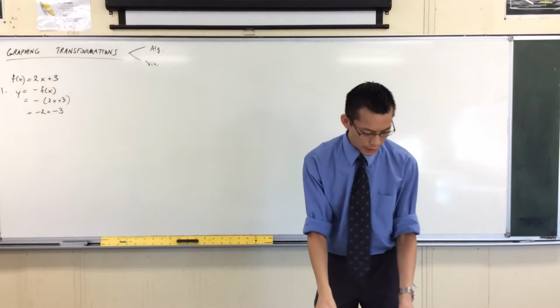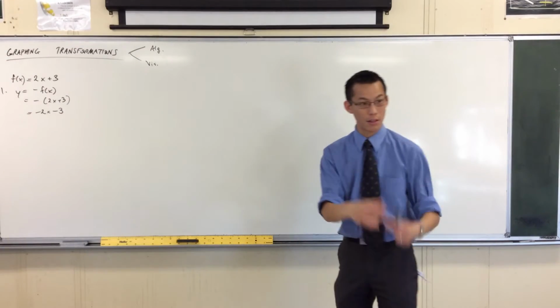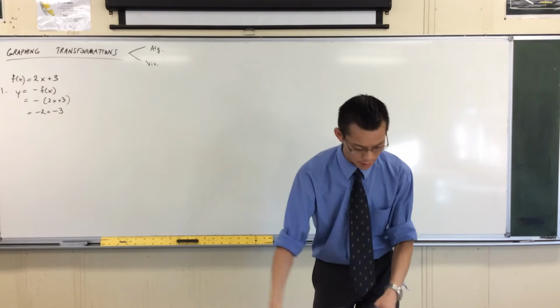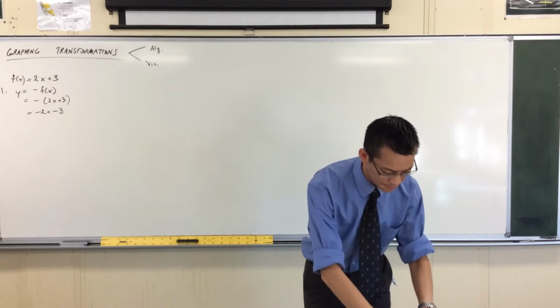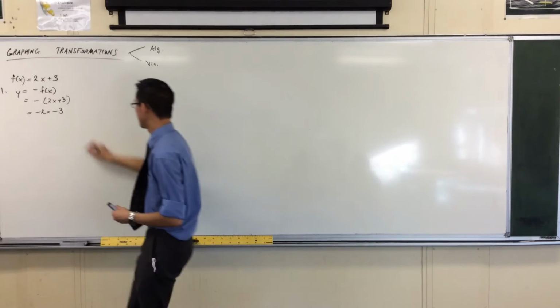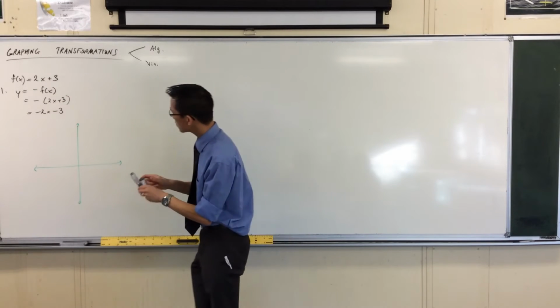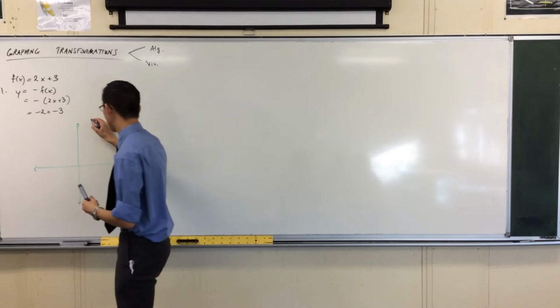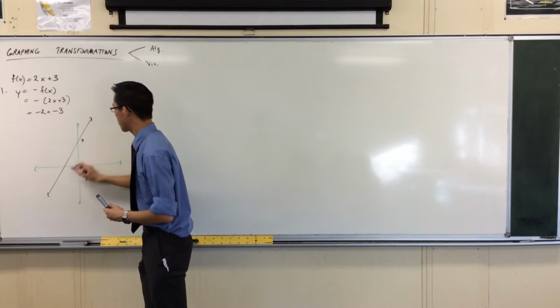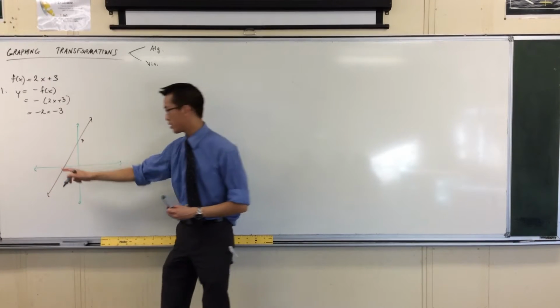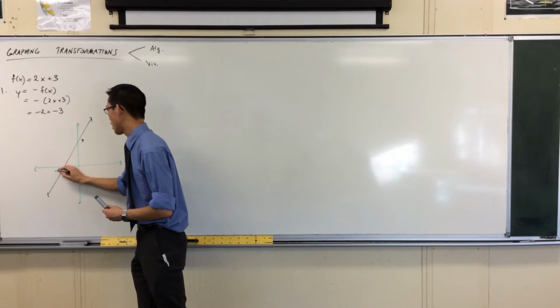So if you have a look at your first one on the little sheet there, I'll draw it up so that you can see it on the board. Two x plus 3, you've got your intercept up there at 3, and because of the gradient, you're intersecting over here at negative 1.5.